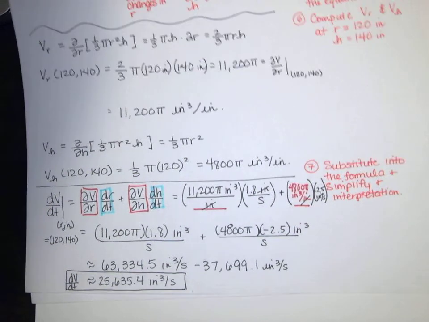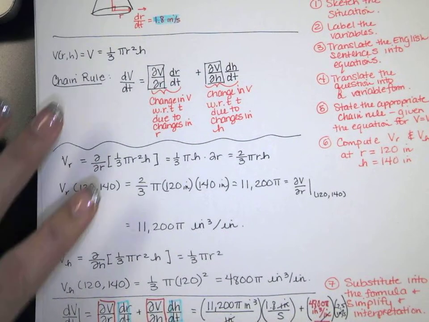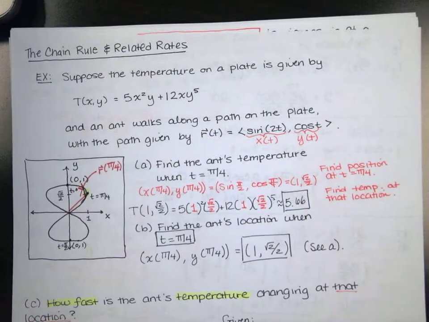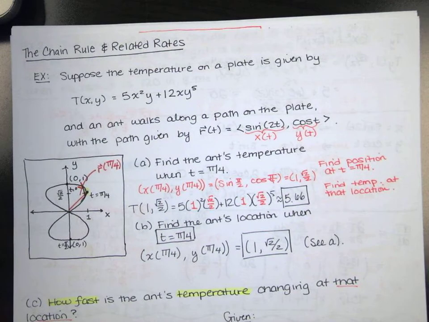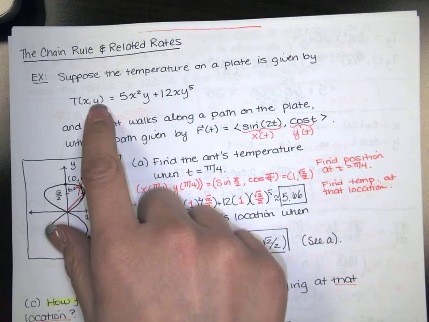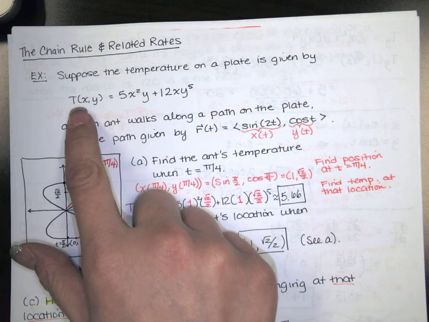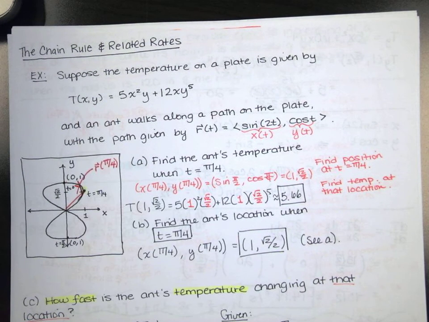All right, guys, that's it for applications of the chain rule. You might see something like this. I love temperature on a plate, temperature on a cone. It's often the case that something depends on position like this. Call this a scalar field. Every xy is associated with a particular temperature.